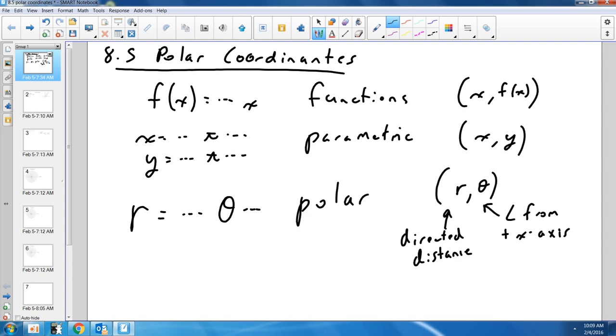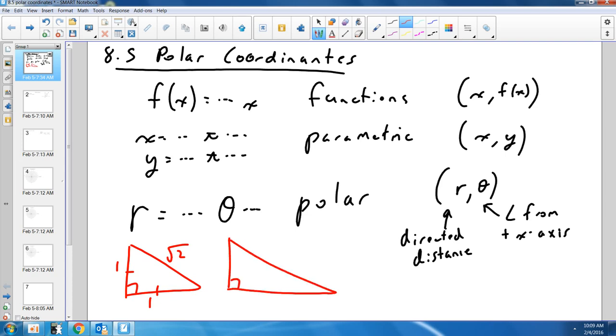Now, along with this, the other part that is going to be extremely important today is going to be knowing your 45, 45, 90 triangles and your 30, 60, 90 triangles. And if you can work around these two triangles, I think you're going to find that this is an easy section.